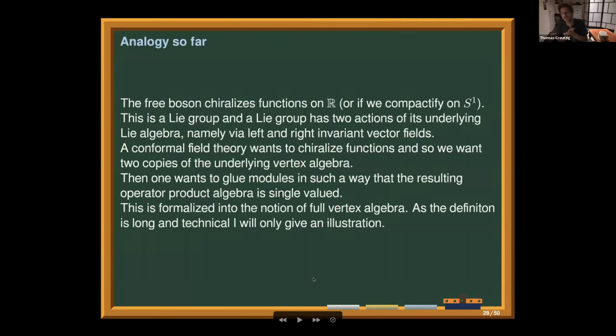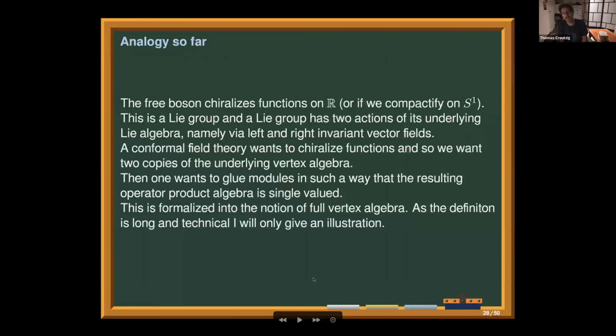So we are actually looking for two copies of the vertex algebra. The vertex algebra was just the mathematician's synonym for symmetry algebra. And the point is now we want to take these two copies and glue them in such a way that we get nice single-valued operator product algebras or correlation functions.